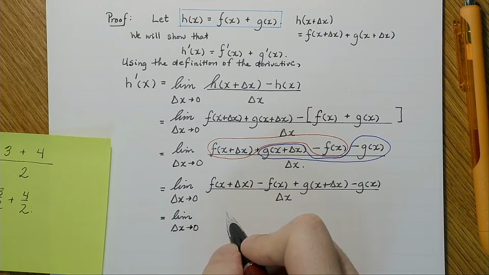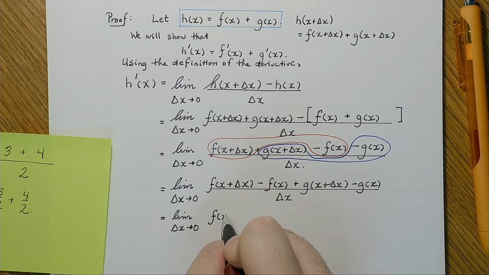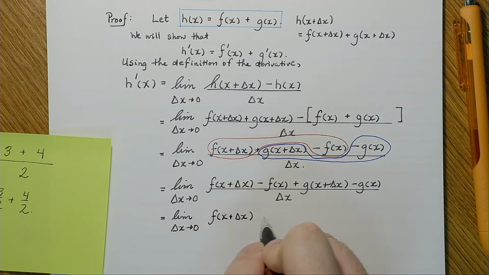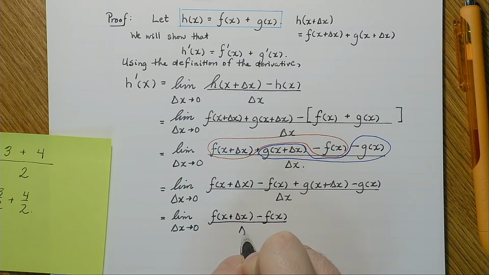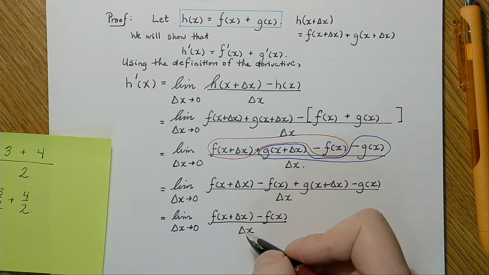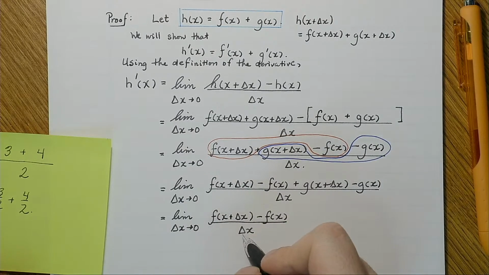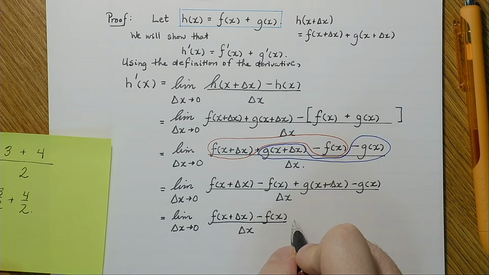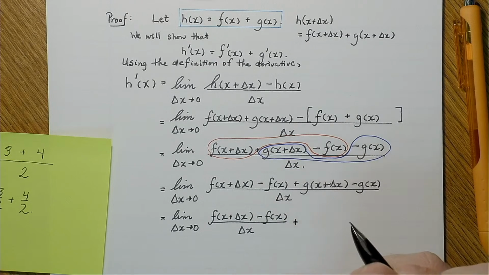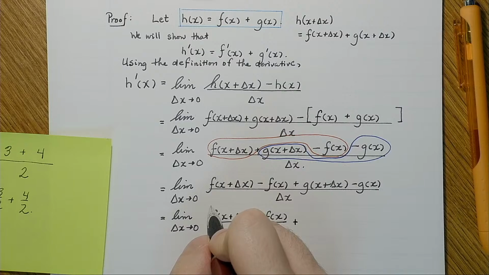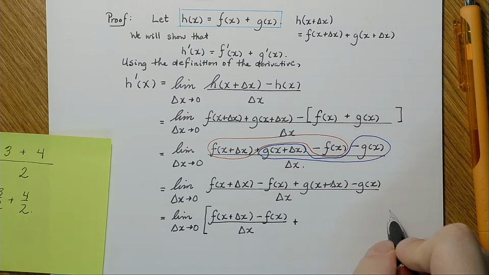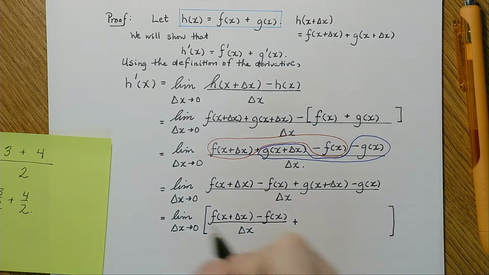So now what I can do, again, I'm trying to get it to look more like what I know, which is the definition of the derivative. So in this case, it's the definition of the derivative for f. And then I have plus. Now when I start to break this up, I'm going to put some brackets around it, because I still want to show that the limit is being applied to all of this.